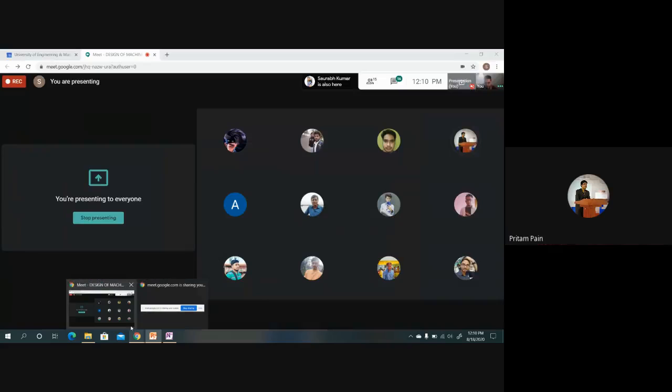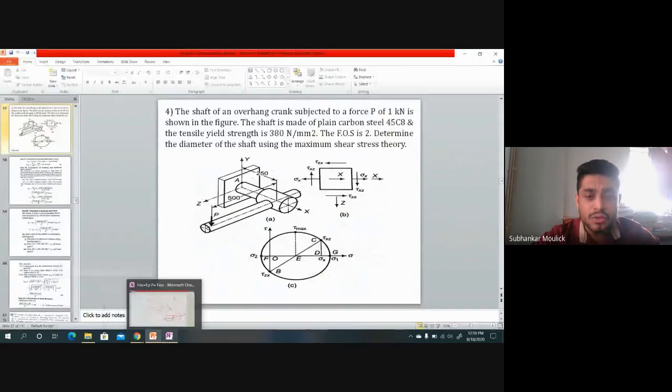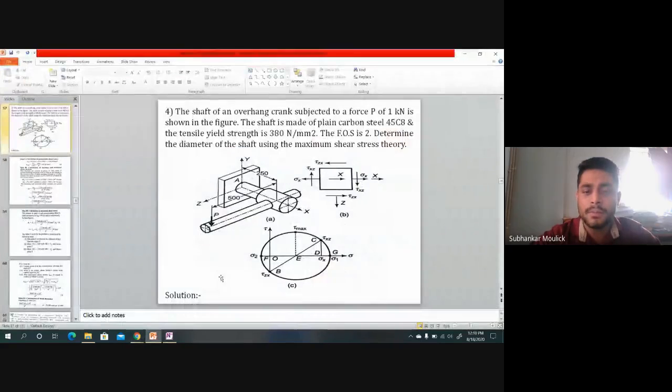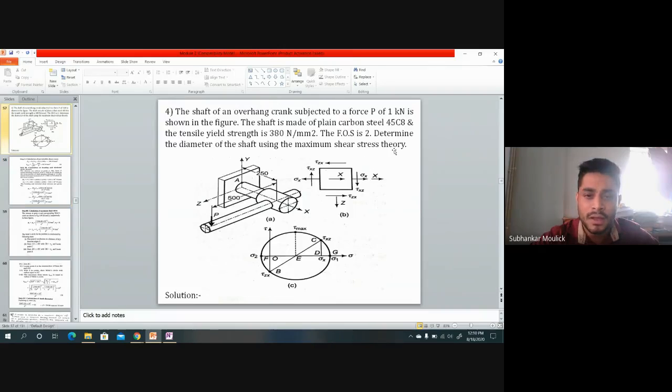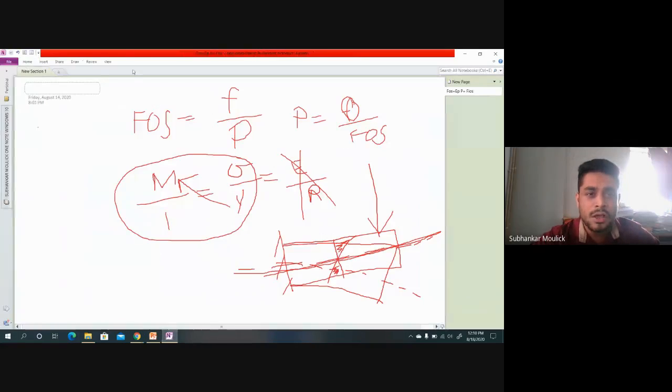Yes, sir. Okay, so let us solve the problem. Very first step is we have to find out the permissible stress of the problem, and that permissible stress we have to equate with the maximum shear stress of this particular problem. Fine. How to find it? We know that factor of safety is failure stress by allowable stress.